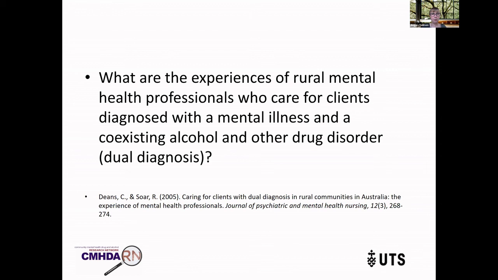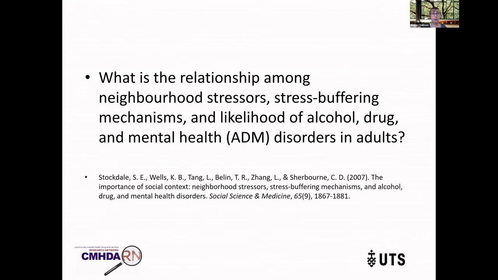Let's have a look at another one. This is from another paper. What is the relationship among neighborhood stresses, stress buffering mechanisms, and likelihood of alcohol, drug, and mental health disorders in adolescence? Okay, so this is sounding like it needs a hypothesis, and it's sounding like we need to collect some quantitative data, and that's exactly what the study did.